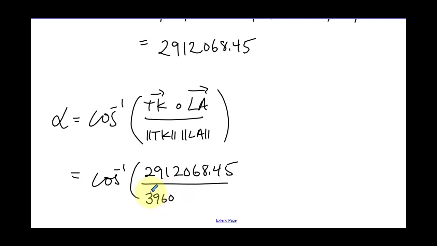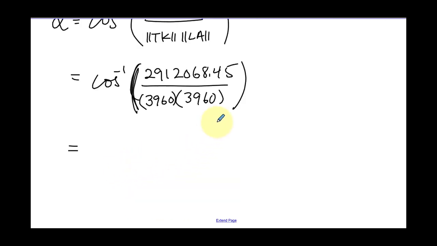It's 3960. I'm going to type this into the calculator and you get cosine inverse of something around 0.18. I want to be pretty accurate here because we don't want to be off by hundreds of miles, so let's be really accurate on this calculation.